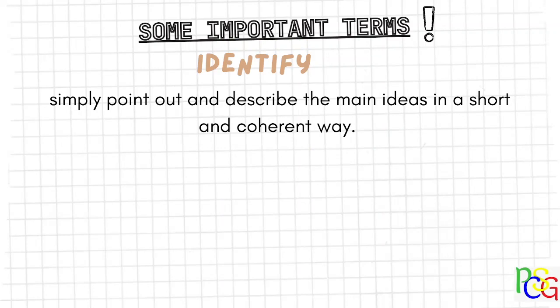The next thing that CSEC may ask us to do is to identify, and that is basically pointing out and describing the main ideas in a short and coherent way. So the same example, where I asked you all to outline, what if I said to identify 3 features, for example, of a smartphone?